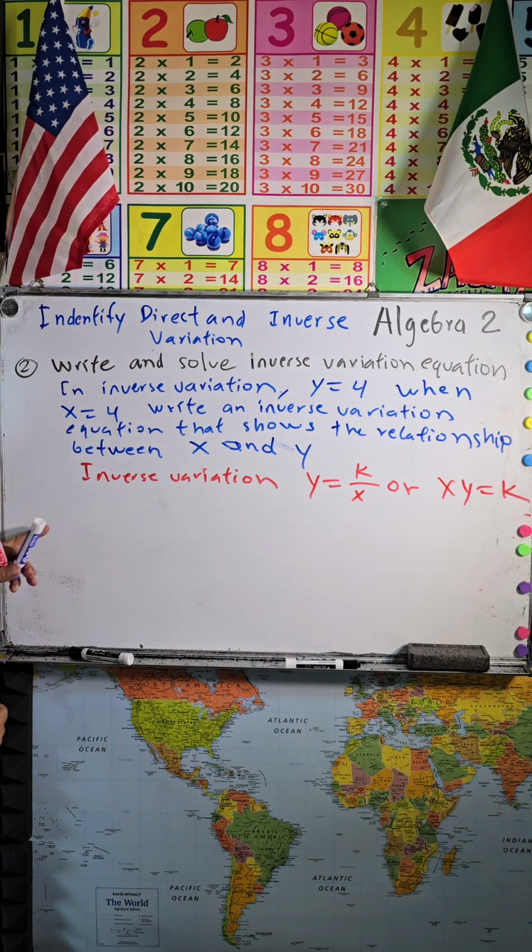So we have to solve this first. Let's see. First, find the constant of variation.